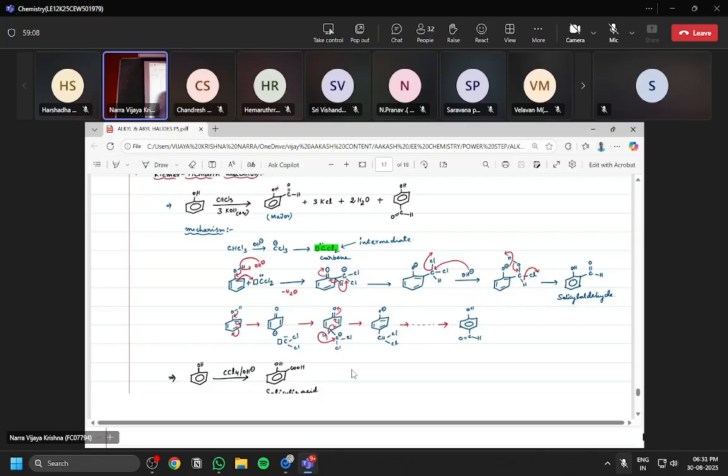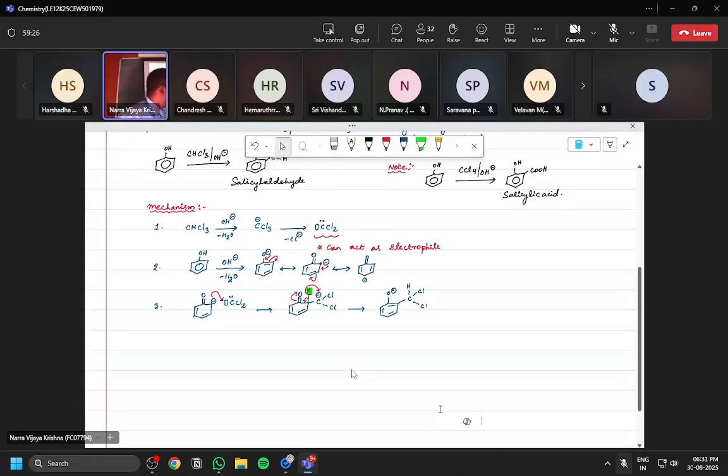Finally it converts into aldehyde. Same way, if it attacks at the para position also, same. That's why it can attack either at the ortho position or the para position, because during resonance we are getting that negative charge at ortho as well as para. Both are equally possible. Correct or not?